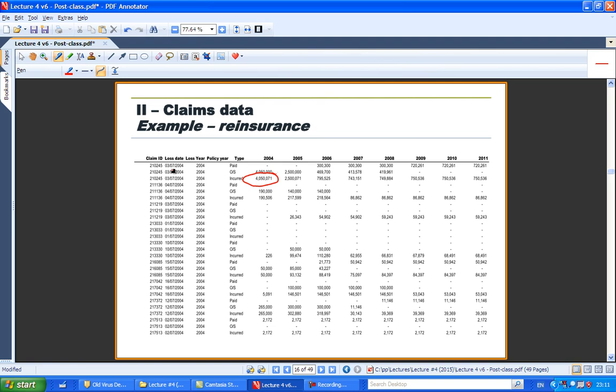This is an example of reinsurance data from, if I remember correctly, an energy client.